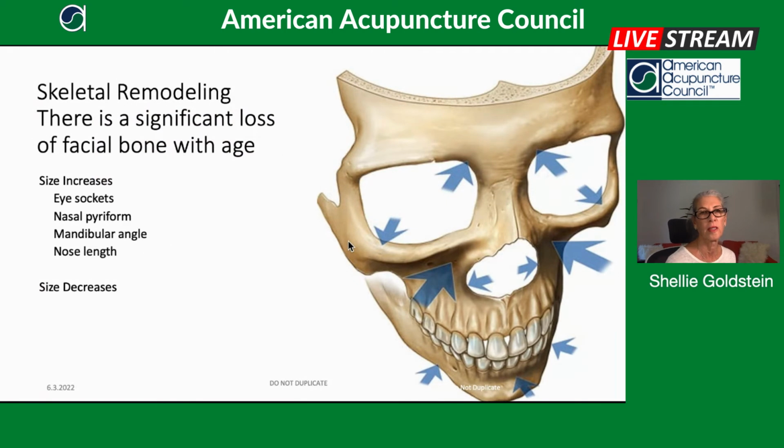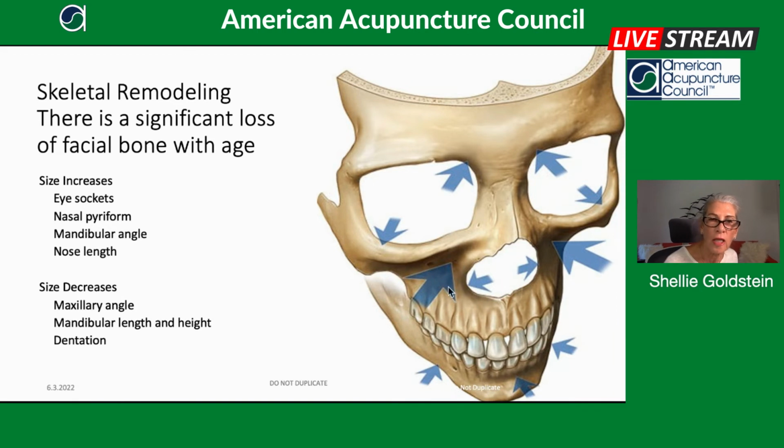What we begin to see is the eye sockets start to increase. The nasal piriform starts to widen. The mandible in here starts to shorten. The mandibular length starts to change as well. The nose starts to change. And the maxillary area right in here, this angle starts to change.